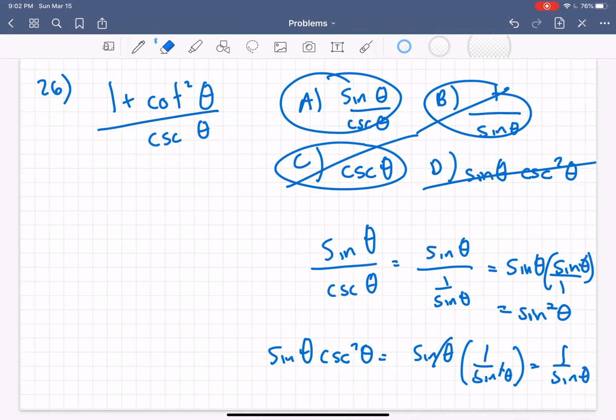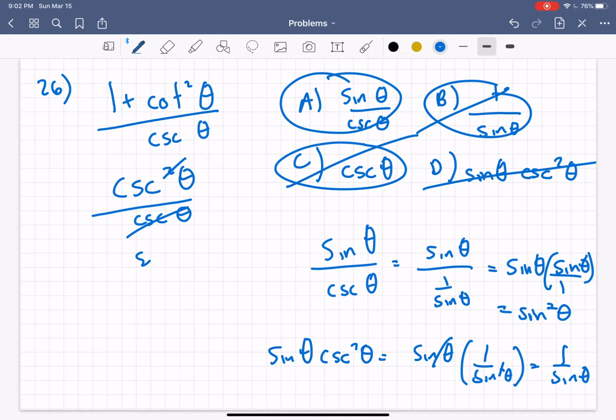So if we go back to the problem, this is cosecant squared theta on the top, cosecant theta on the bottom, right? This would cancel out the square part, so we're left with cosecant theta, which again is C. So A is the one that is not equivalent to all the others.